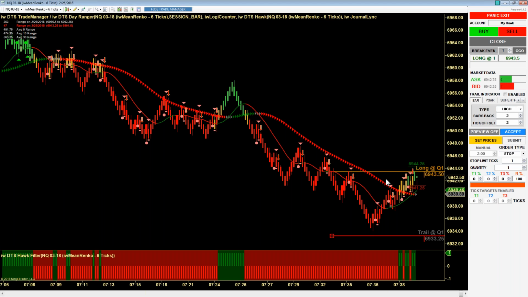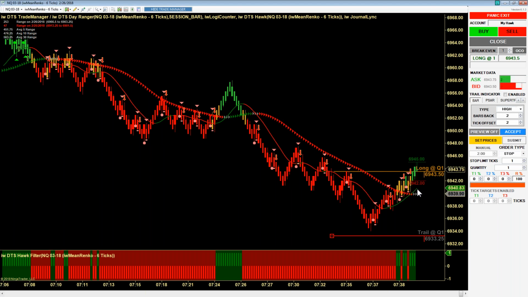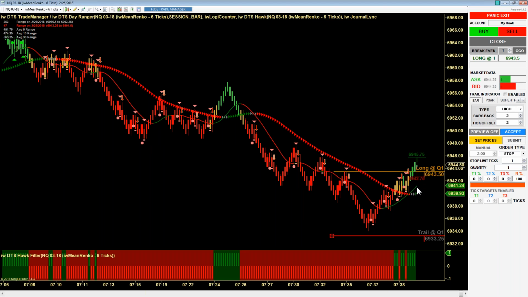A failed green bar sell, such as this one, eventually will lead to a first micro-macro cross higher. So that's why I say you don't need to necessarily rush into a trade.